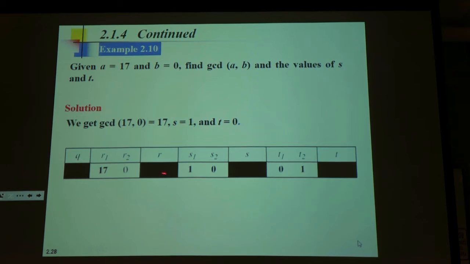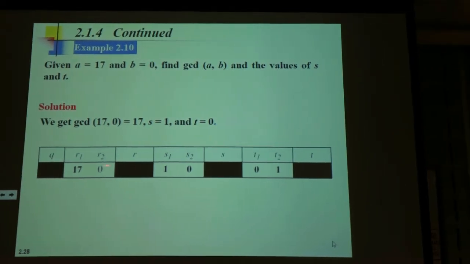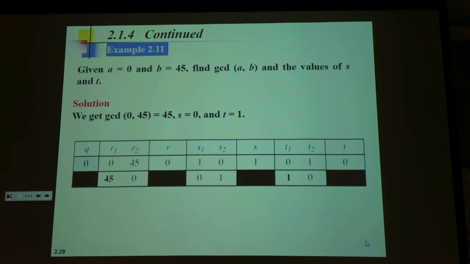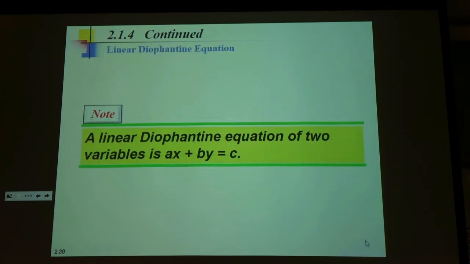So 1, 0, we don't go further. Once we see 0, we don't go further. So it's easy. If you have A equals 0 and B equals 45, find the greatest common divisor and S and T. The same thing, 0 and 45. The greatest common divisor is 45, and S and T are 0 and 1.